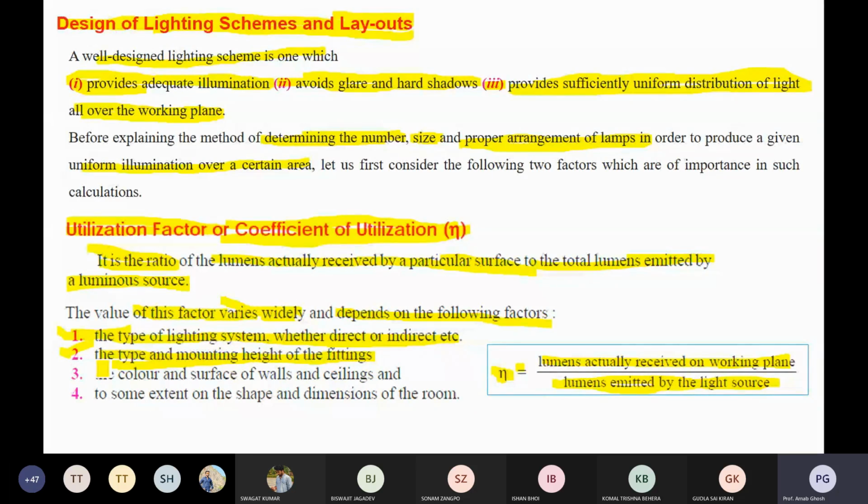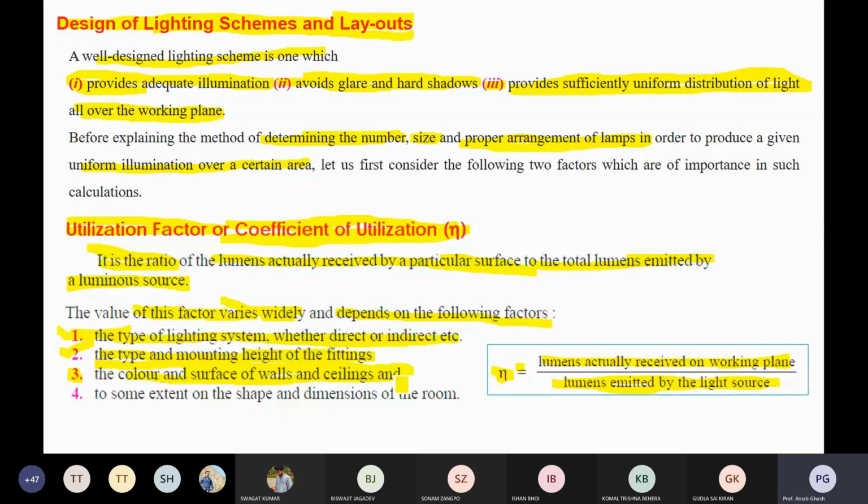Number 3 is the color and the surface of the wall and the ceiling. If the surface color is red or the bulb color is red, it will be different. If it is yellow, definitely it will be different. White is more acceptable.